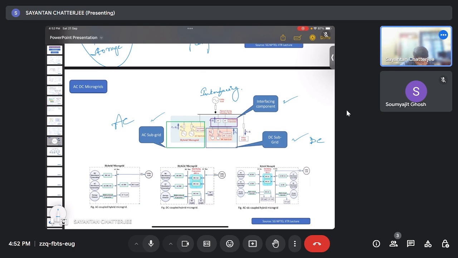Here is the AC coupled hybrid microgrid. Here is the AC bus, so everything needs to be converted to AC to fit into the bus. Here is the utility grid, or PCC. Here we have distributed generation which is DC, so it needs to be converted from DC to AC.